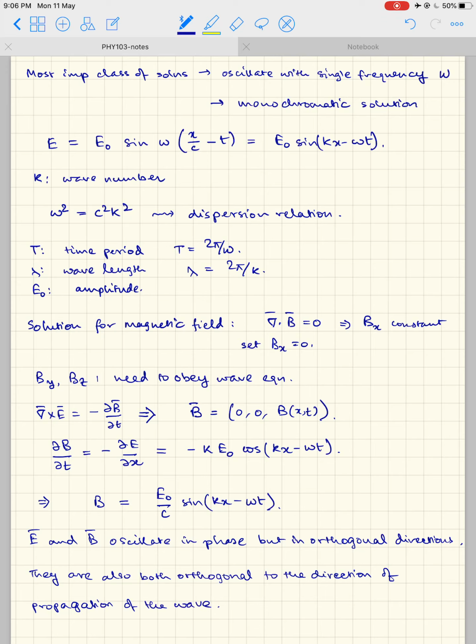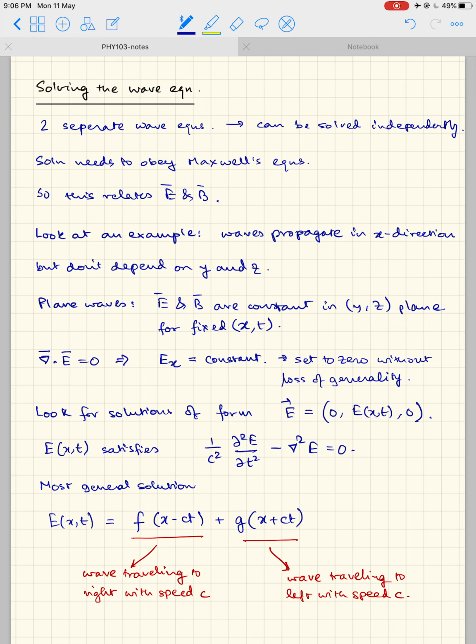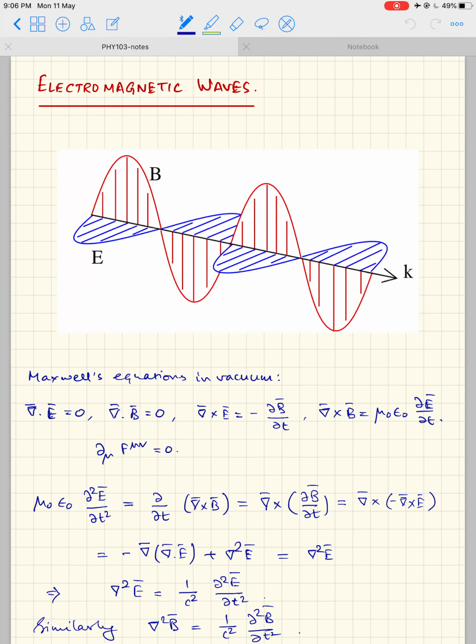Okay. So just to give you a picture of this, we just go back to what we had looked at. Here you see that the wave is traveling along the x-axis, and that's k, and E is perpendicular to that, oscillating in the y direction, and B is perpendicular to both of them, in the z direction.